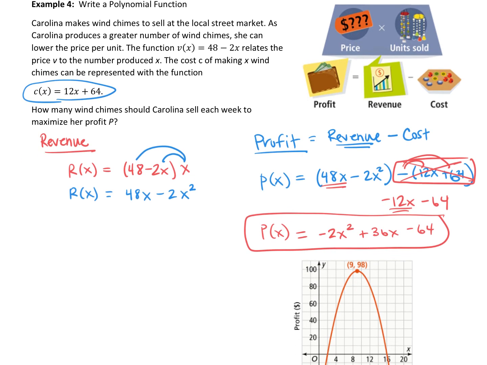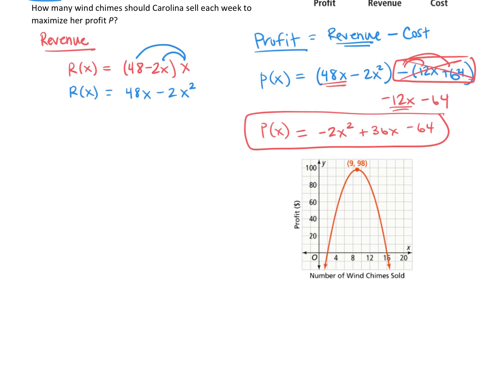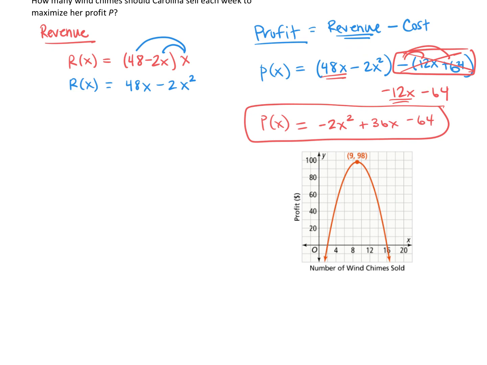So here is a graph of that quadratic function. We easily could graph this on a graphing calculator to see the same thing. But is there a maximum to this function? Yeah, it's right here. X is our number of wind chimes sold, and the profit values are the Y values. So the vertex, which is the highest point, is at (9, 98).